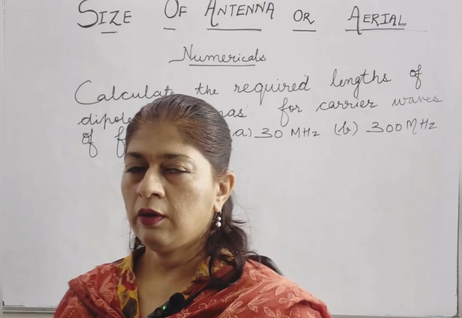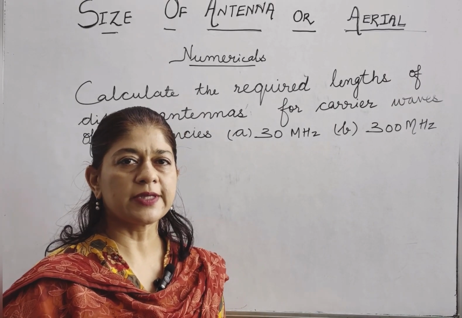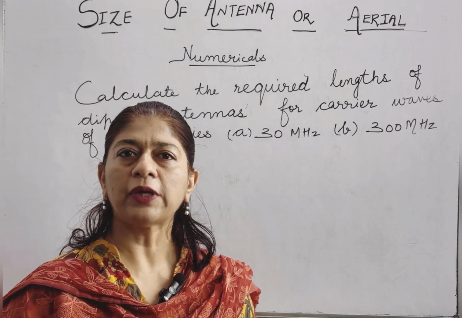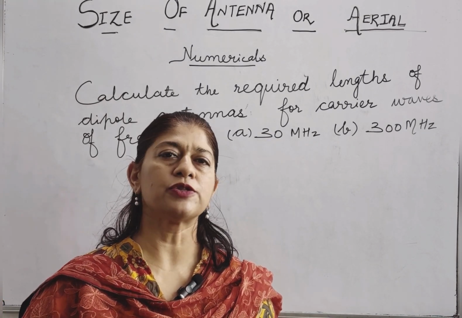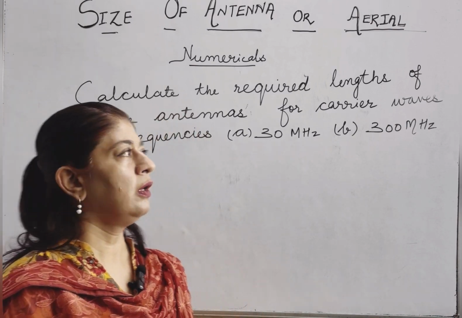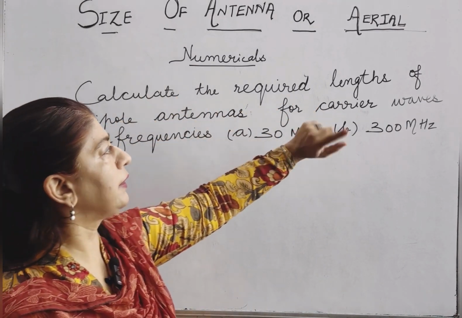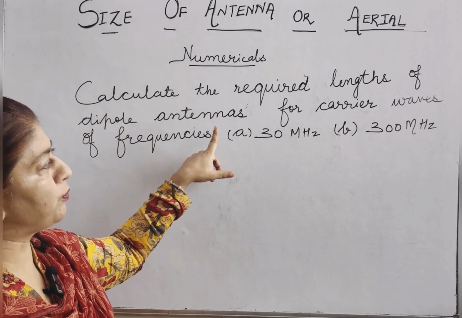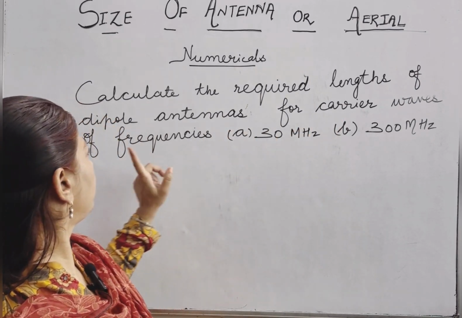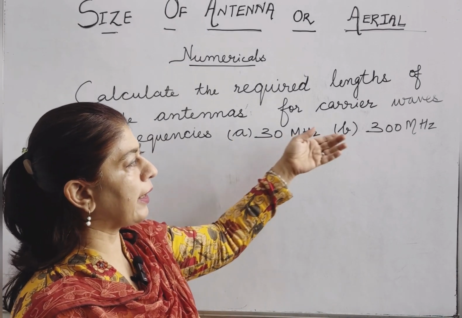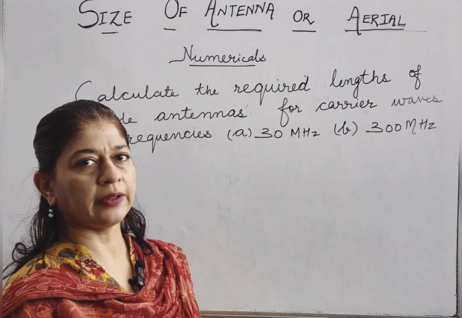Depending upon the requirement, the type of antenna can be selected for the type of communication required. Generally, instead of asking a direct theory question on length of antenna, most times numericals come on the topic. Here I have taken a numerical: calculate the required lengths of dipole antennas for carrier waves of frequencies, A part is 30 megahertz and B part is 300 megahertz.